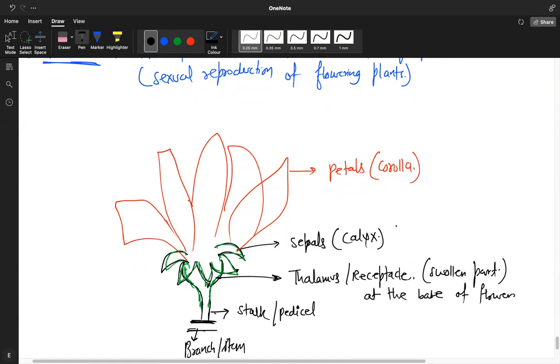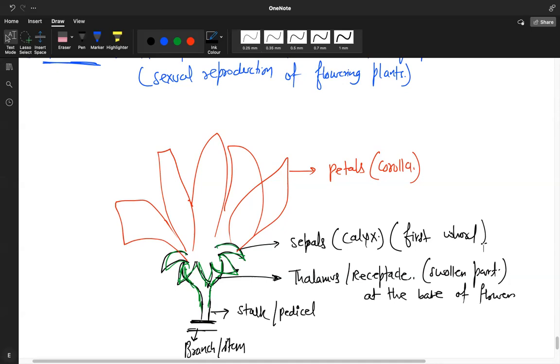Then come sepals, and sepals are the first whorl or first layer that protects. Have you seen a flower coming out of a bud? So before it opens, where is it present? In a bud, right?